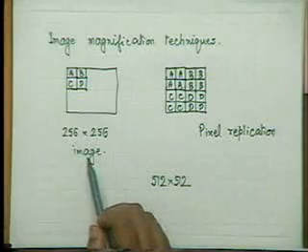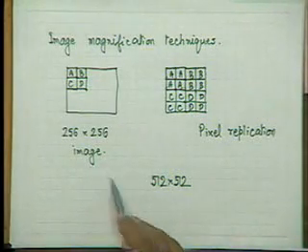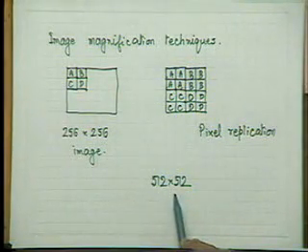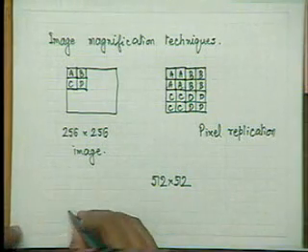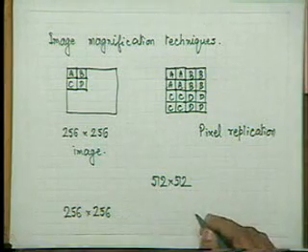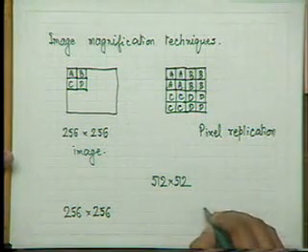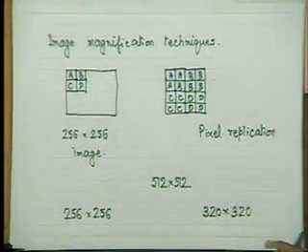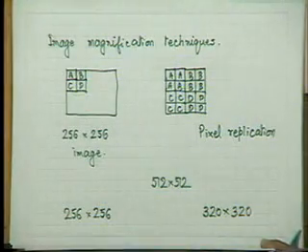If instead of magnifying this image from 256 by 256 pixel space to a 512 by 512 space, I say that I want a magnification from 256 by 256 pixel space to say 320 by 320 pixel space, what do we do? Obviously we can't do the pixel replication. We have to do interpolation only, correct?